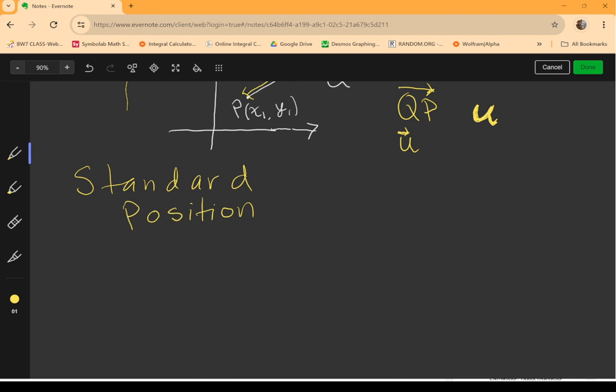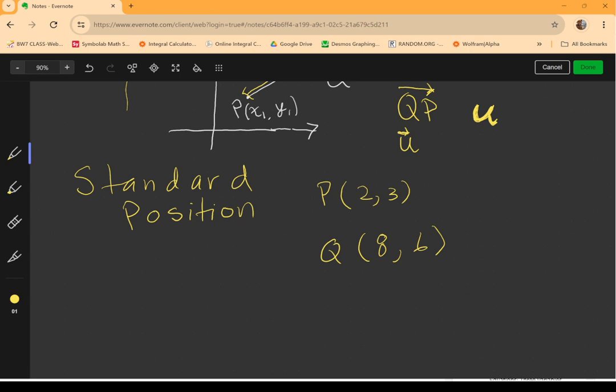Let's say P we'll define to be (2, 3), and then Q we'll define to be, let's say, (8, 6).